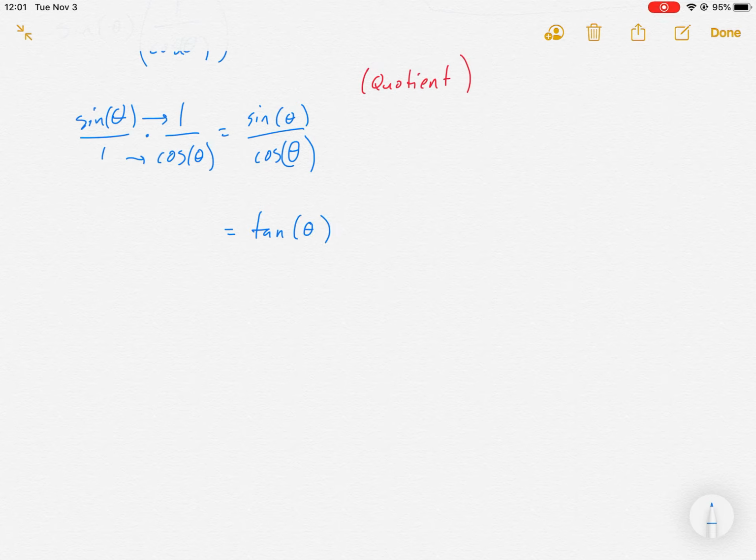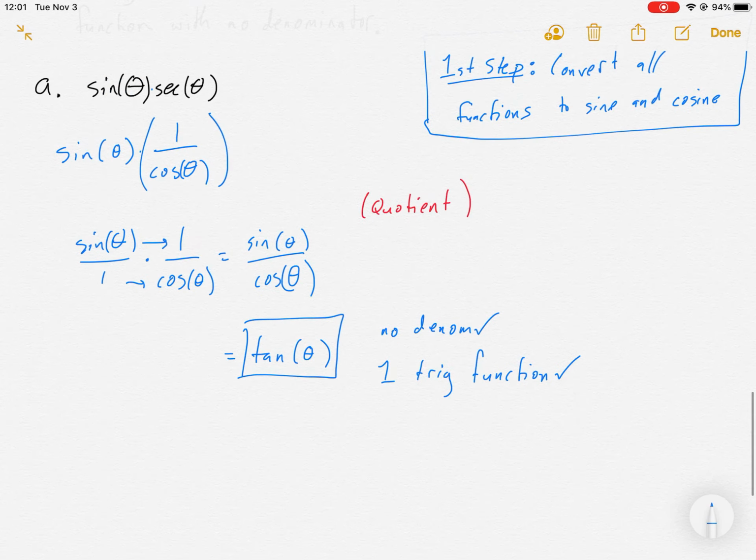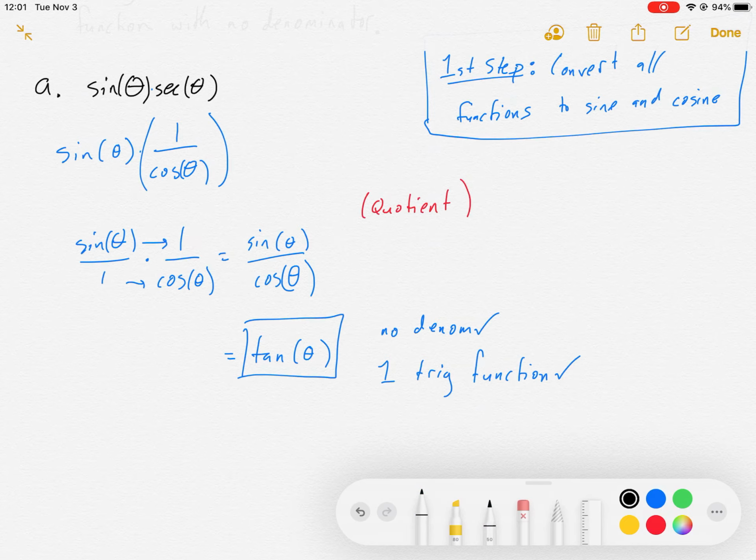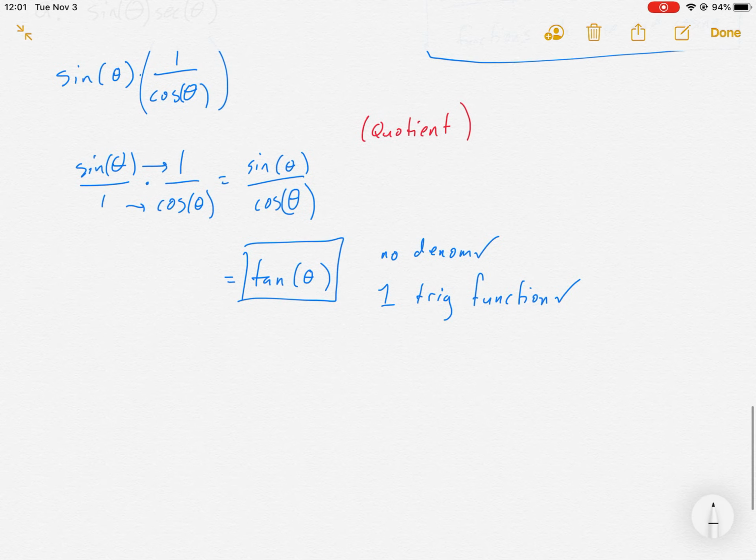And so we've gotten to a point, there's no denominator, and it's only one trig function, it's just tangent. So that means that we're actually done with this problem. We solved it. Okay. So that one was maybe relatively straightforward, although it is still a little bit weird if you haven't done this stuff before. Let's try out another one.